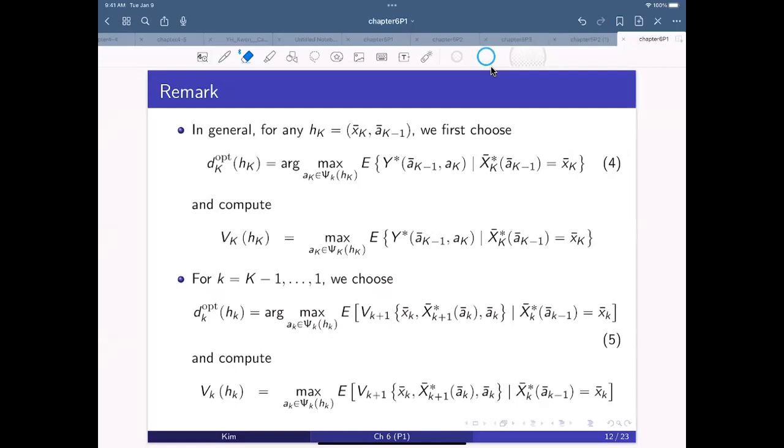So this is kind of like back propagation. In machine learning, in deep learning, you have forward and backward propagation. Because you have a Y at the very end, you do it backward.